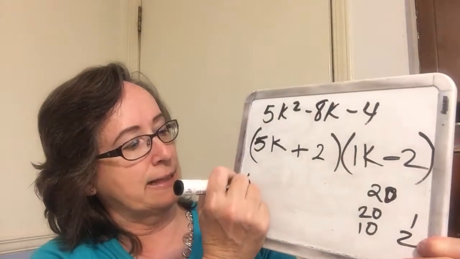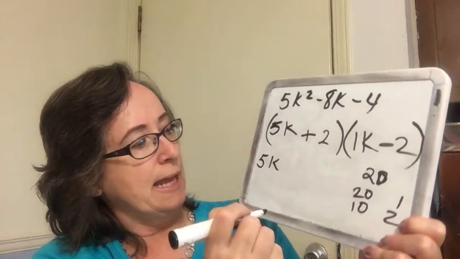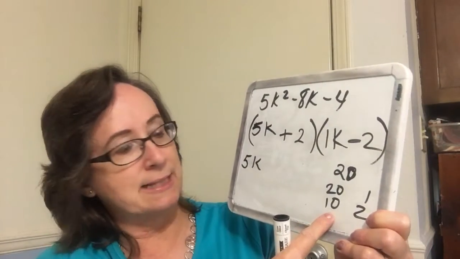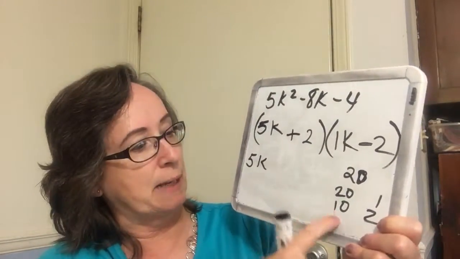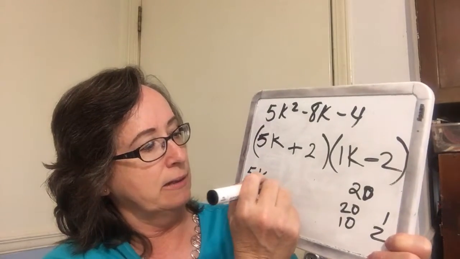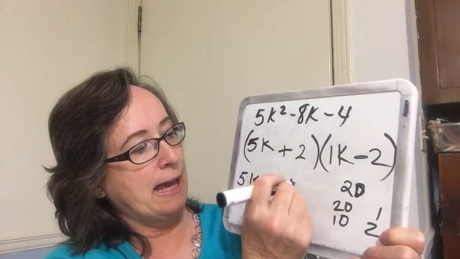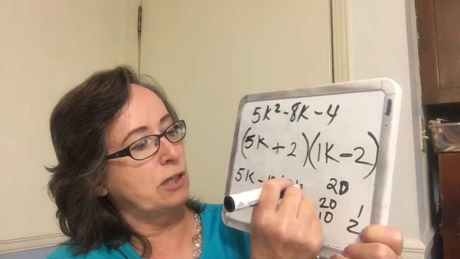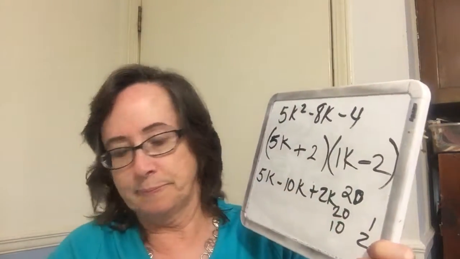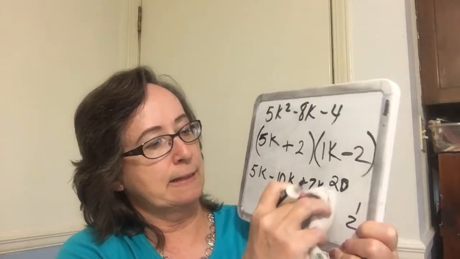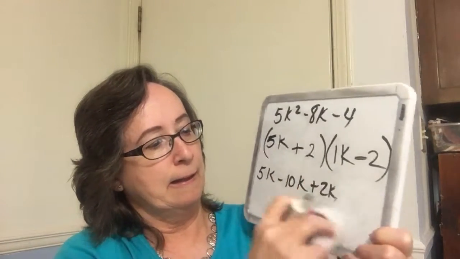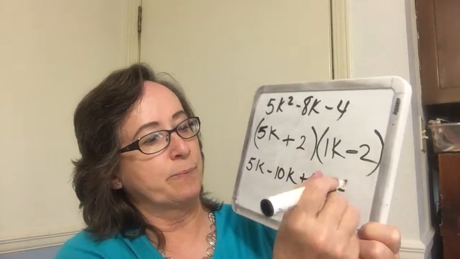So then I set this up: 5k, and since I want some cancellation, factoring by grouping, I'm going to put the 10 here. So I'm going to put minus 10k and plus 2k, and then minus 4.